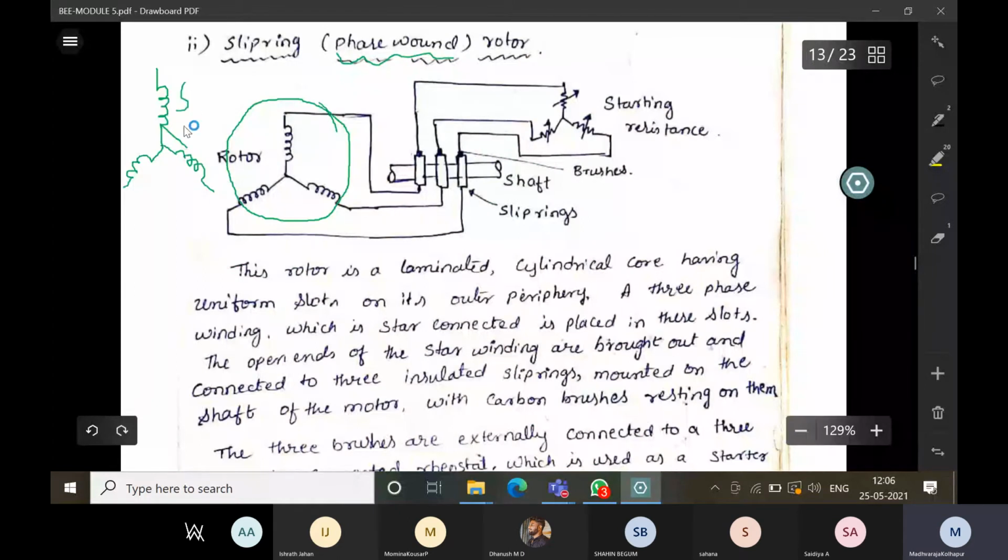This is the stator part and this is the rotor part. Both the windings are present. So the rotor is also three phase and the stator is also three phase.